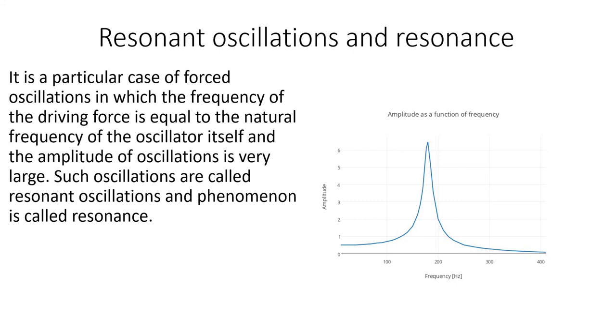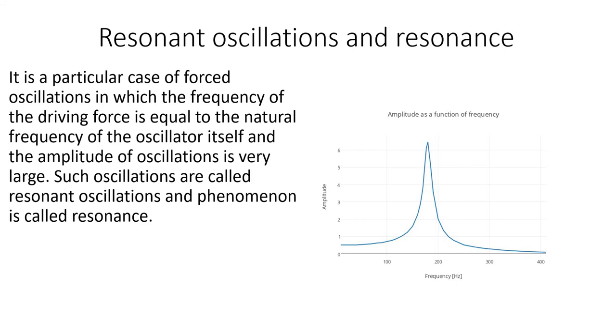I told you each system has its own natural frequency with which it can oscillate. But if we apply some external periodic driving force and change its frequency, we can see that when the frequency of the driving force equals the natural frequency of the system, the amplitude will be maximum.